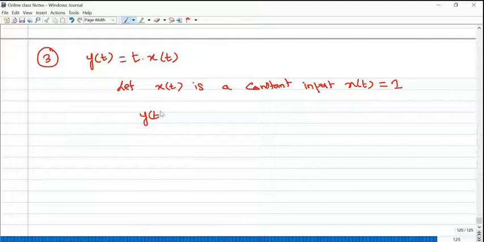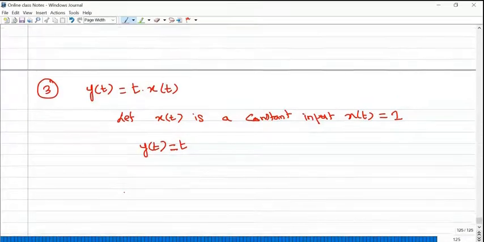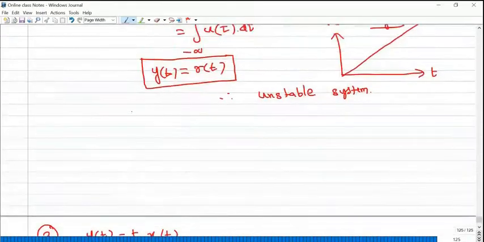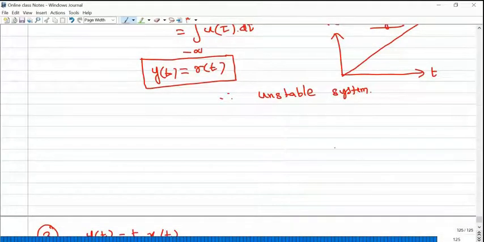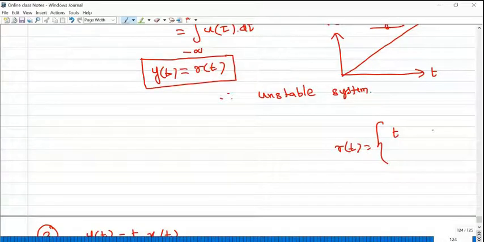Now my y of t equal to t. That is your r of t function. What is the function for r of t? R of t equal to t for t greater than 0, 0 otherwise.